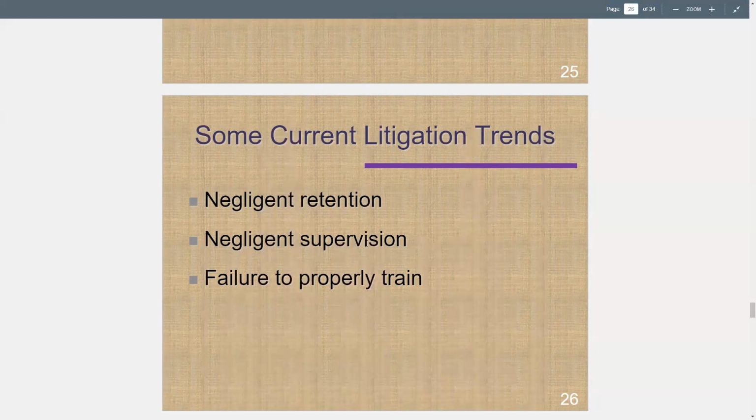Let's say that usually in most hotels, there is a housekeeping supervisor for every 10 housekeepers. And you happen to have 30 housekeepers in your hotel, and so you'd ordinarily expect to have 3 supervisors. But you know what?